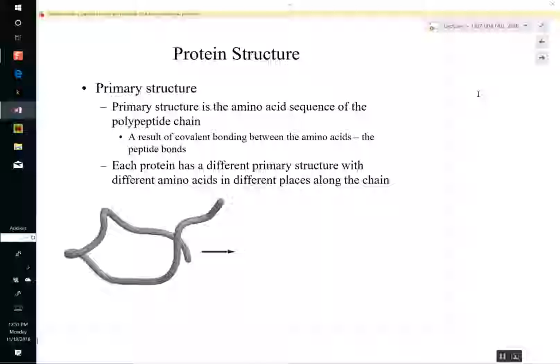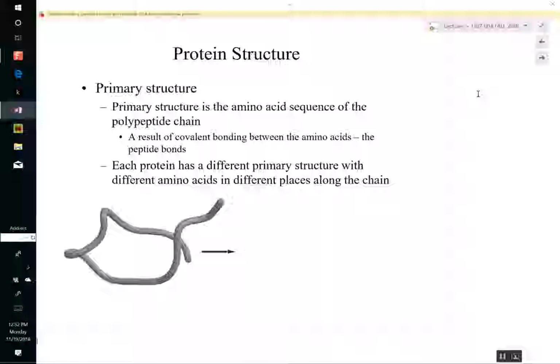So let's go through real quickly what is primary, secondary, and tertiary. Primary is the amino acid sequence. So a protein has a particular order of amino acids in it. It starts with a certain amino acid, the very second one is another particular amino acid. That is the primary structure.